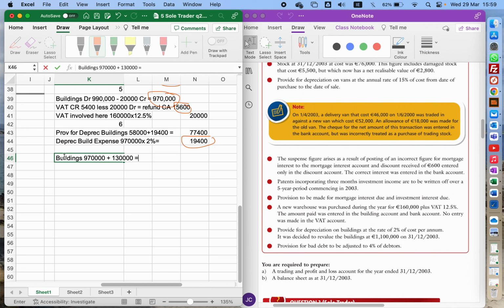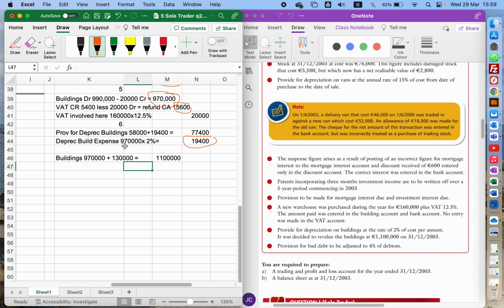And that 130 is the revaluation, and that's going to bring us up to our figure of 1.1 million. So the 130 is going to be my revaluation reserve. So I'll put that in.